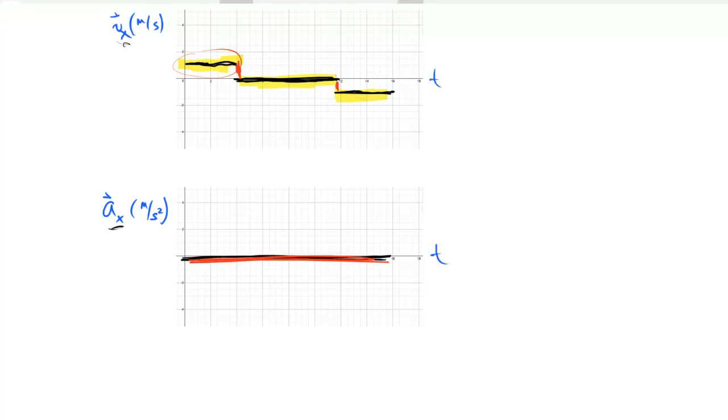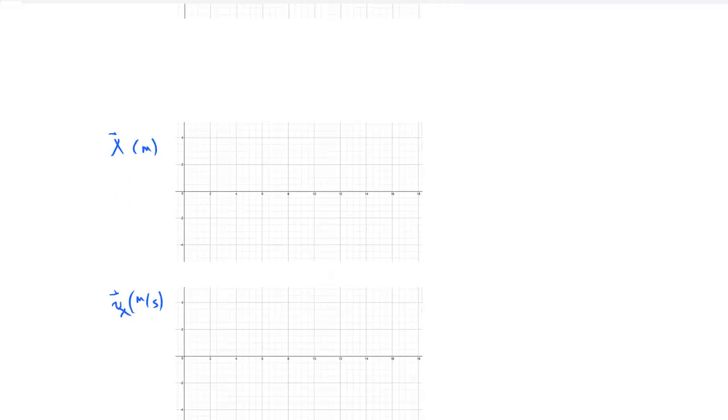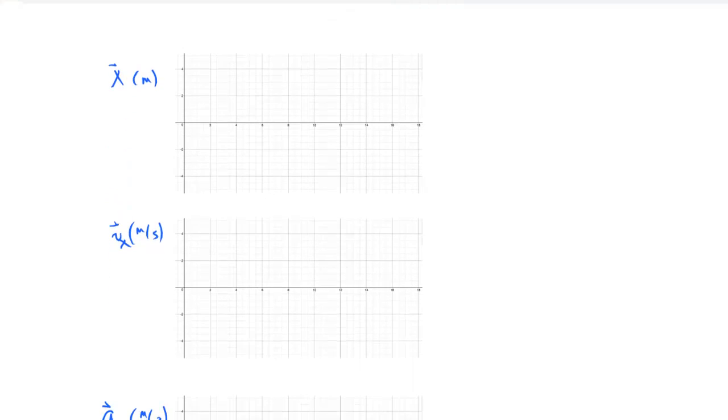Okay, let's try another one. Let's say that we have something maybe given like this, and so we have some curve here in the position versus time. This is a curved region.